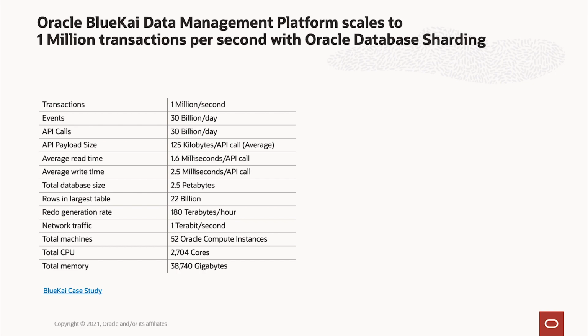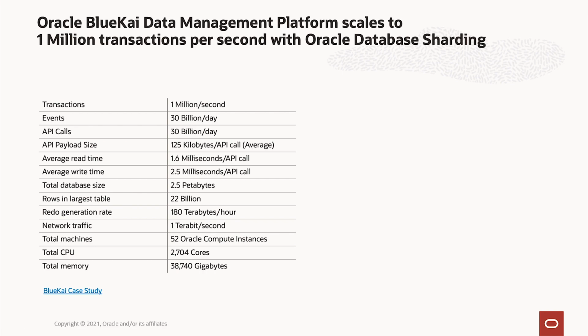They have achieved transaction rates of 1 million transactions per second, and the total database size is 2.5 petabytes. They have 30 billion API calls per day. Each API call has a payload of 125 kilobytes, right?